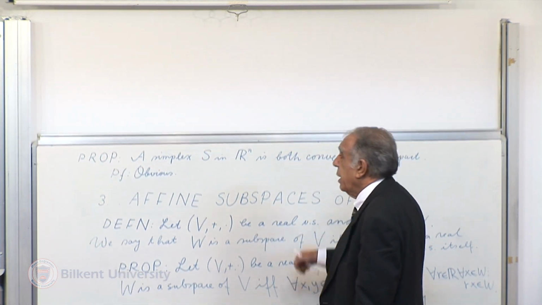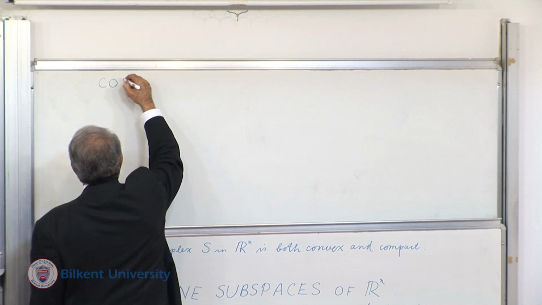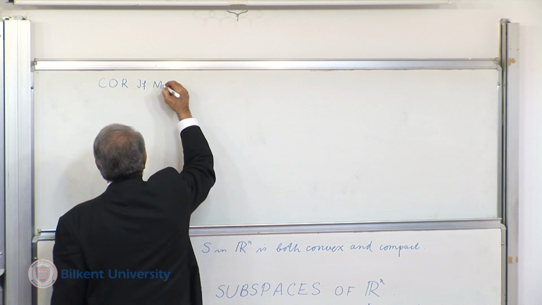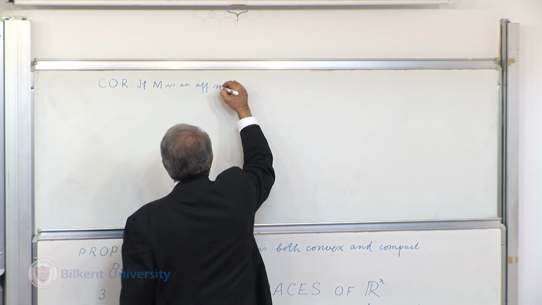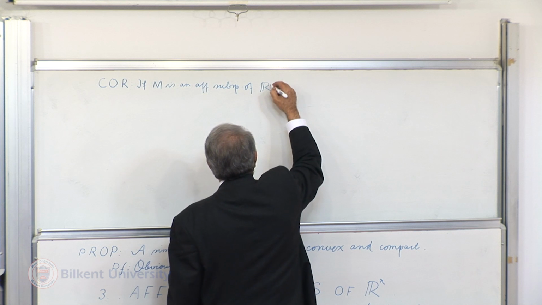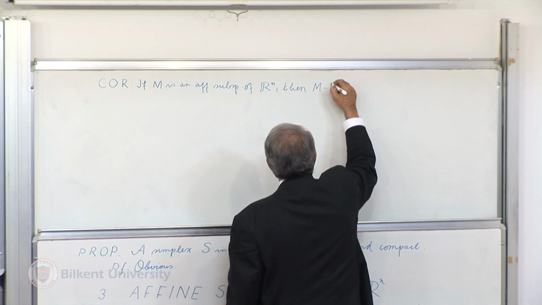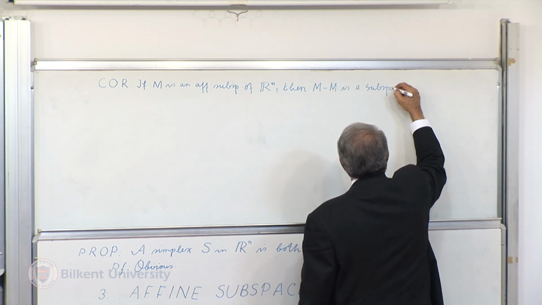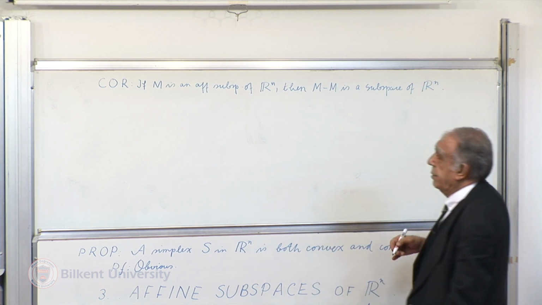This in particular yields the following corollary. If M is an affine subspace of Rn, then M minus M is a subspace of Rn.